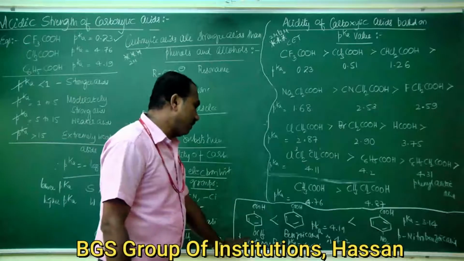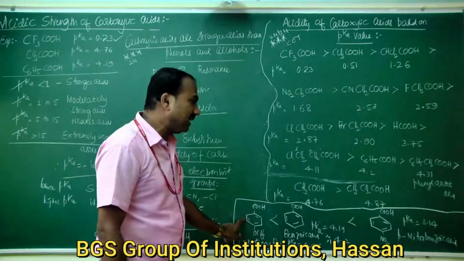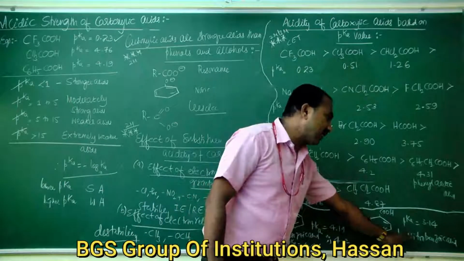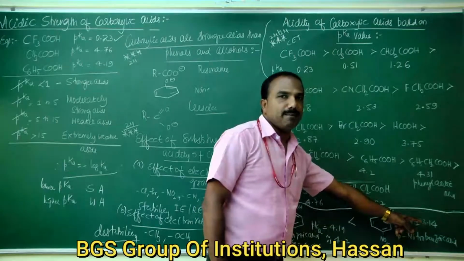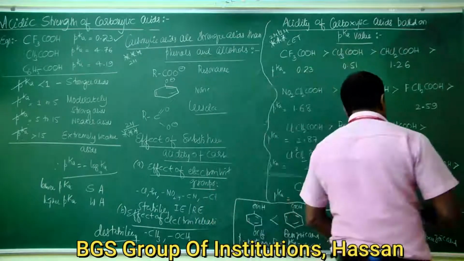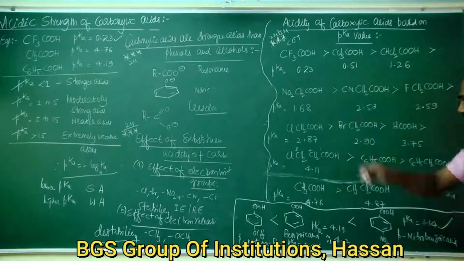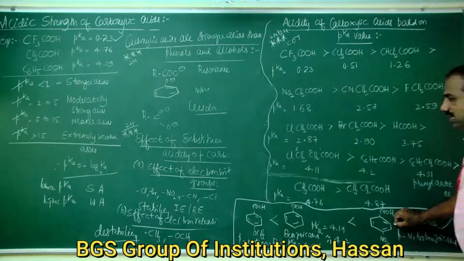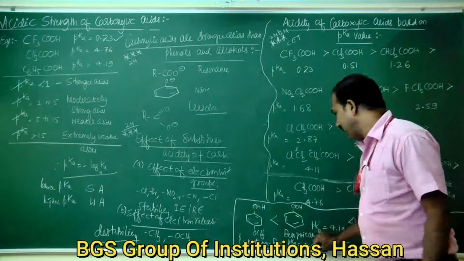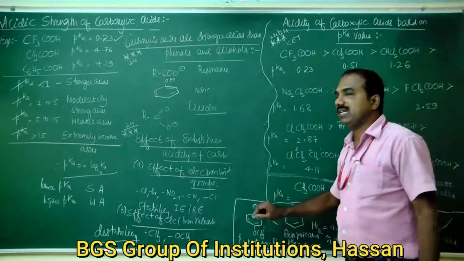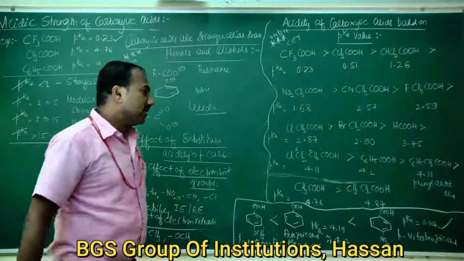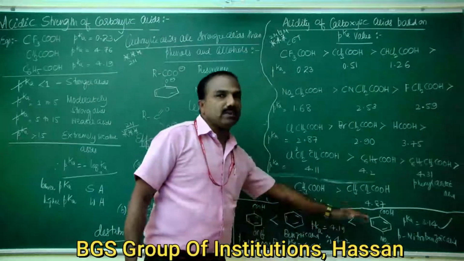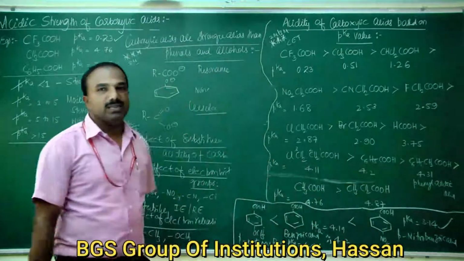Therefore, para methoxy benzoic acid is a weaker acid compared to para nitro benzoic acid because its pKa value is higher. So lower the value of pKa, acid is stronger. Higher the value of pKa, weaker is the acid. Therefore, para methoxy benzoic acid is a weaker acid compared to benzoic acid as well as para nitro benzoic acid.